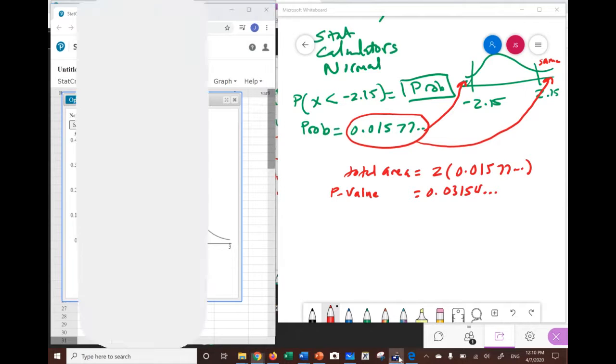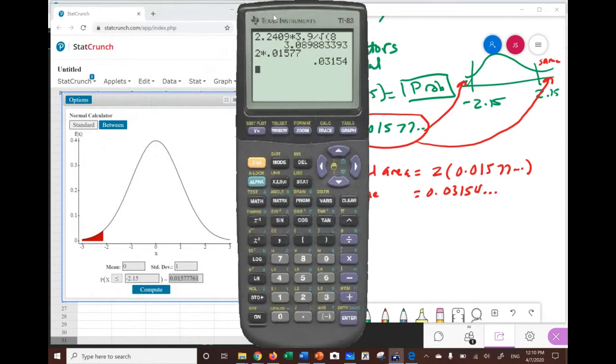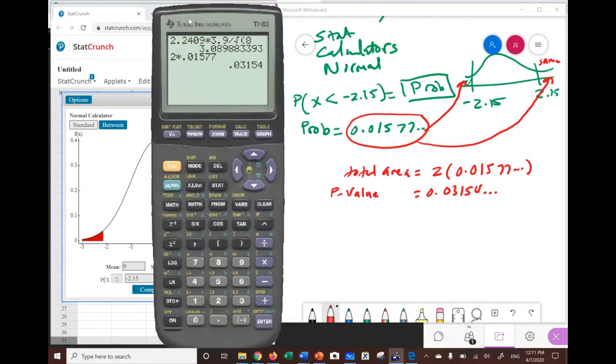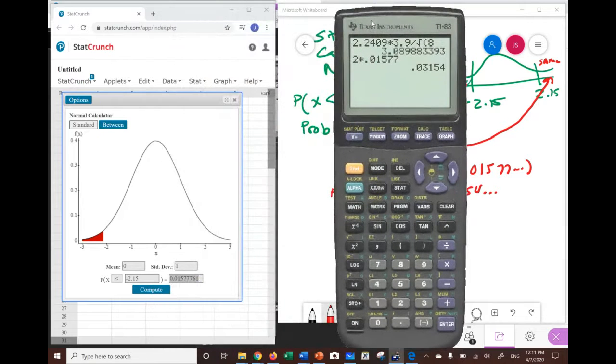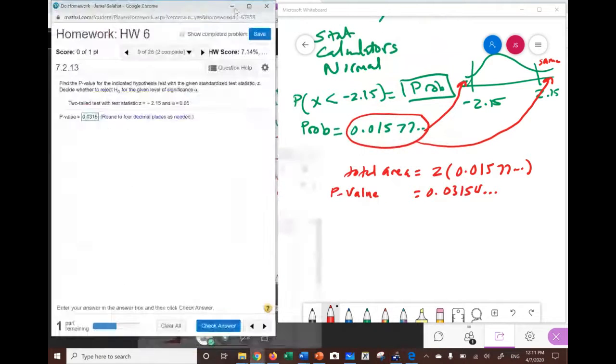So let me multiply that by 2. 0.0157 by 2, 0.0315. That is a correct number. But again, there is always a chance that I make those mistakes. Okay, negative 2.15.